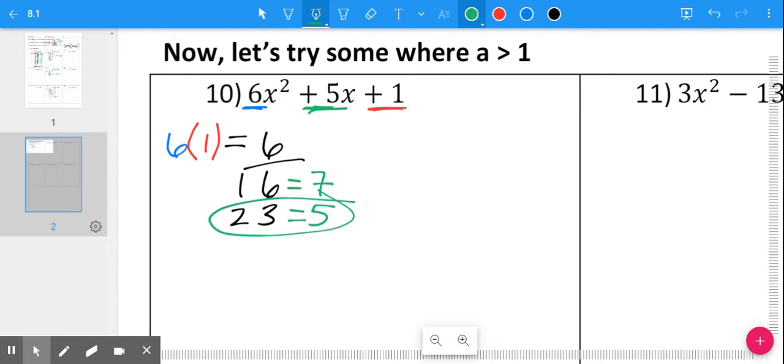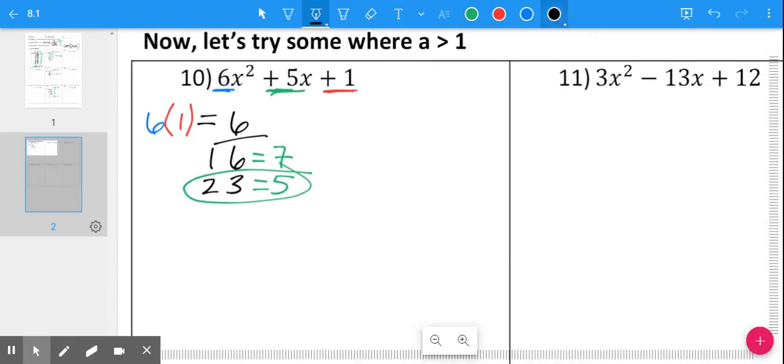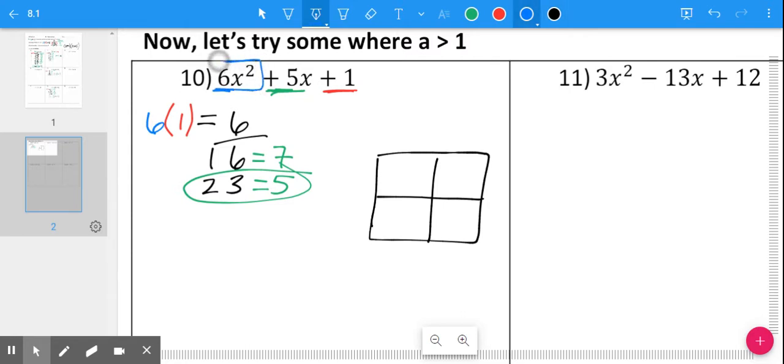Because this does not have an a value of 1, we cannot jump straight into intercept form from here. Instead, we have to figure out what our two binomials will be. So we have your a value. Let's do our whole first term, 6x squared.